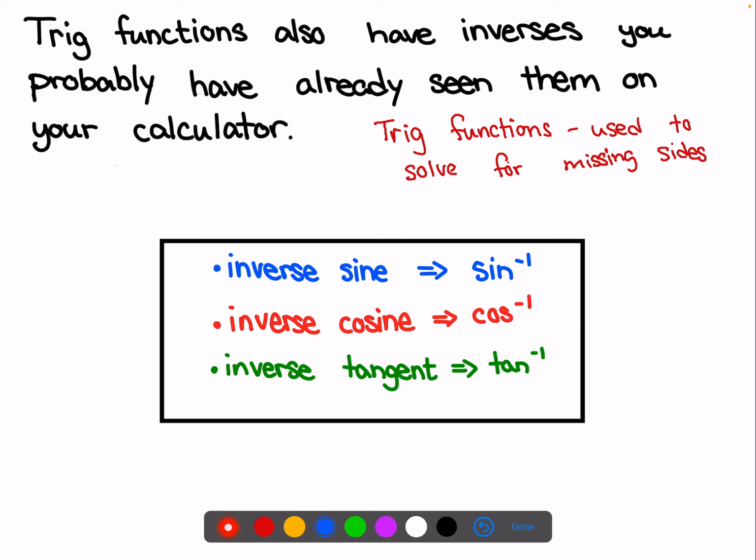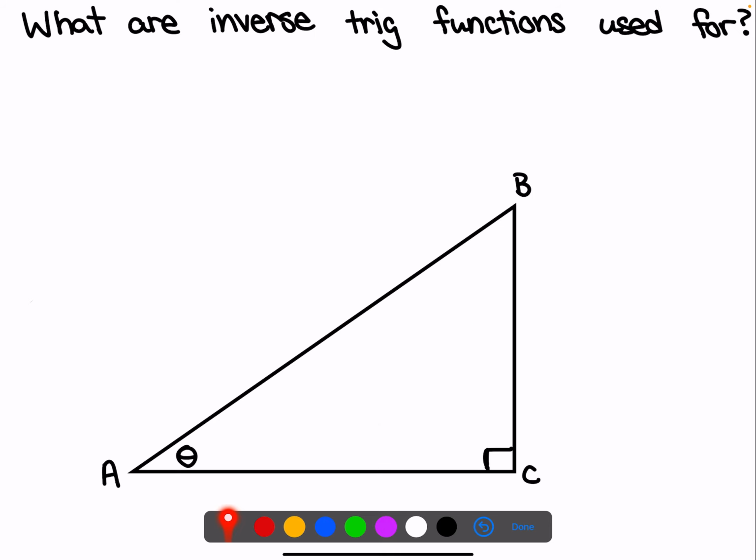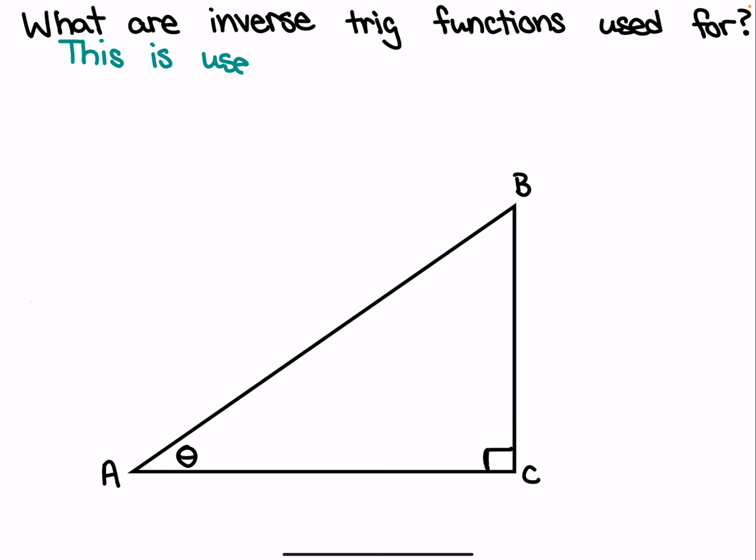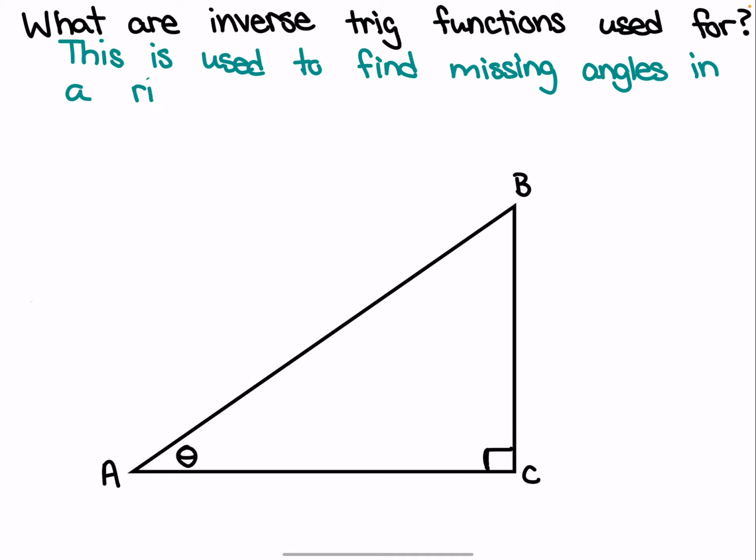Inverse trig functions, however, will be used to solve for missing angles. Each of these trig functions shown will all be used only to solve for missing angles. So when they ask what inverse trig functions are used for, you can always answer they are used for finding missing angles in right triangles.